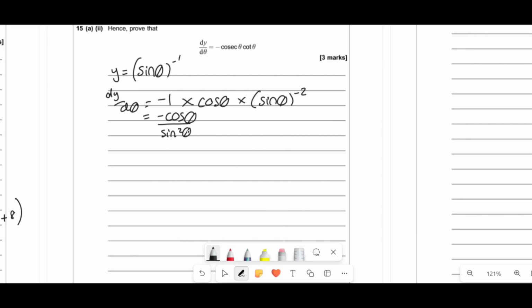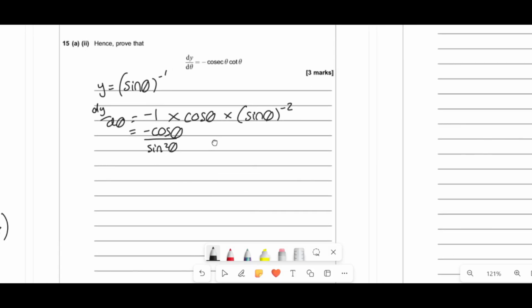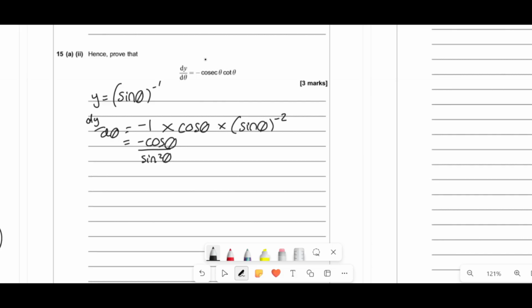Fine. So we're in a bit of a pickle, because we can see that we've got a minus cos theta and a sine squared theta. So if we look at this here, it's saying it's equal to minus cosec theta cot theta, which is the same as saying, well, minus 1 over sine theta times cos theta over sine theta. Because remember that tan theta equals sine theta over cos theta, so then cot would be 1 over that.